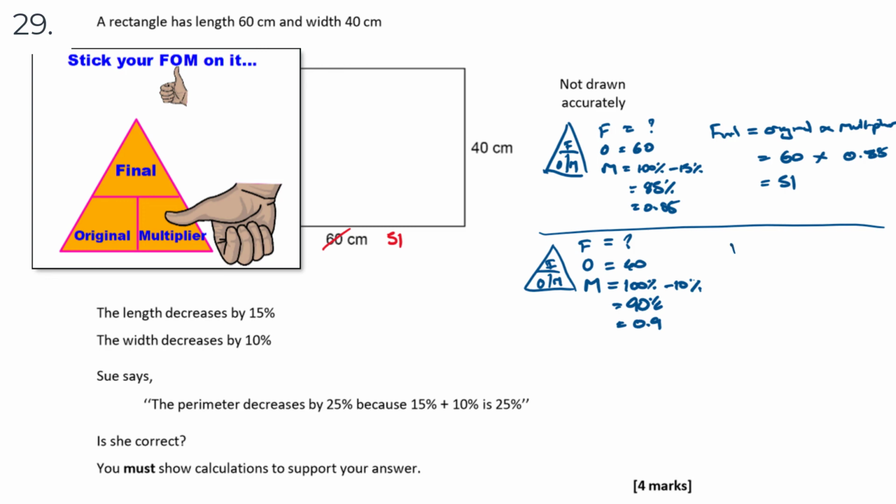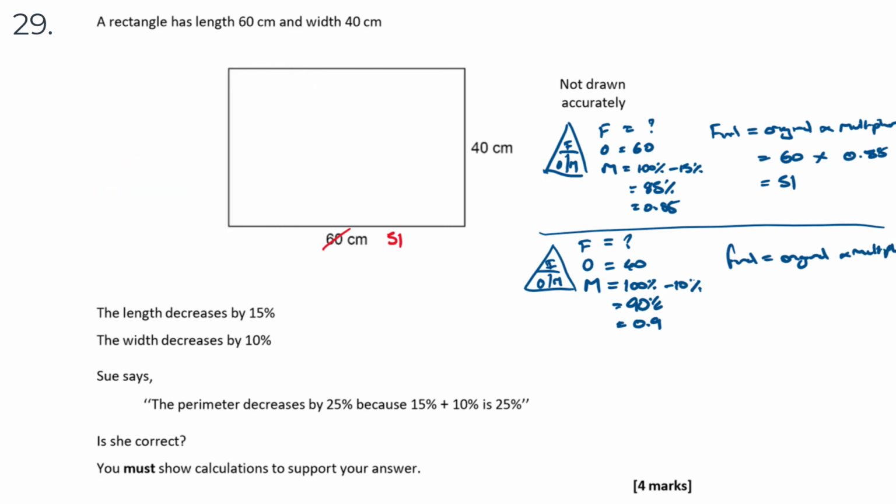Okay, so then again, final equals original times multiplier, which is equal to 40 times 0.9. What's that then? 40 times 0.9, that is 36. Okay, so our new width is 36.